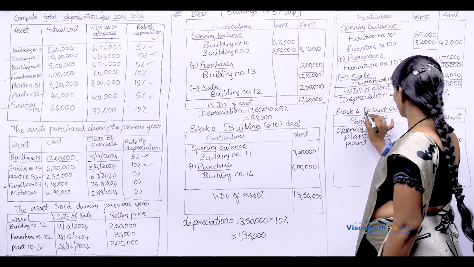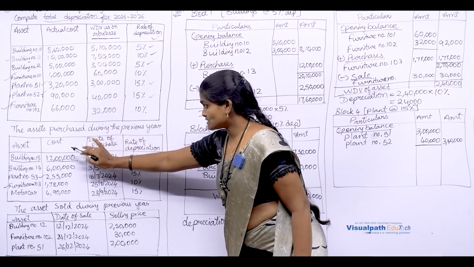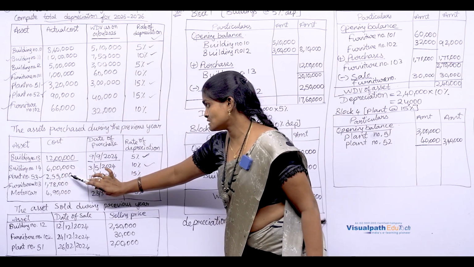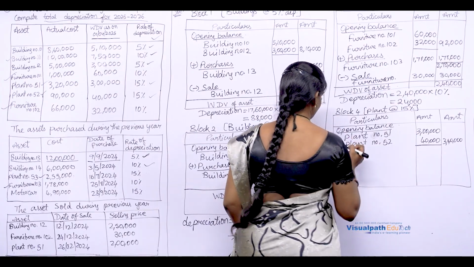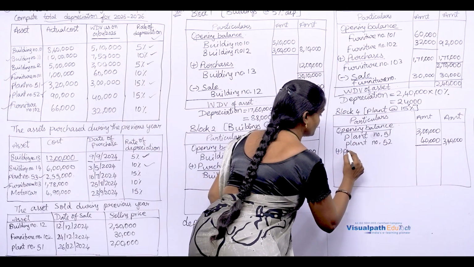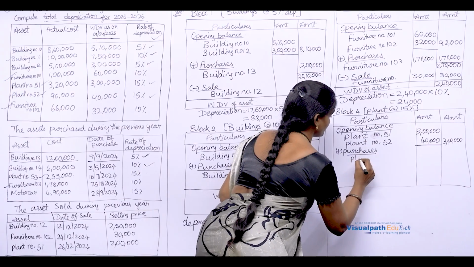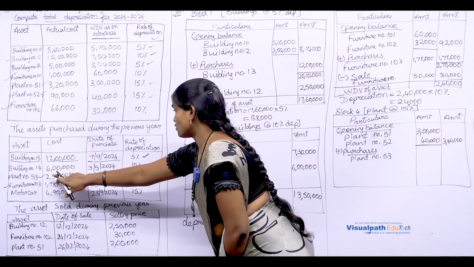Plant comes under this block. Under purchases, you have plant number 53, which is purchased for 2,55,000. To this, add purchases.